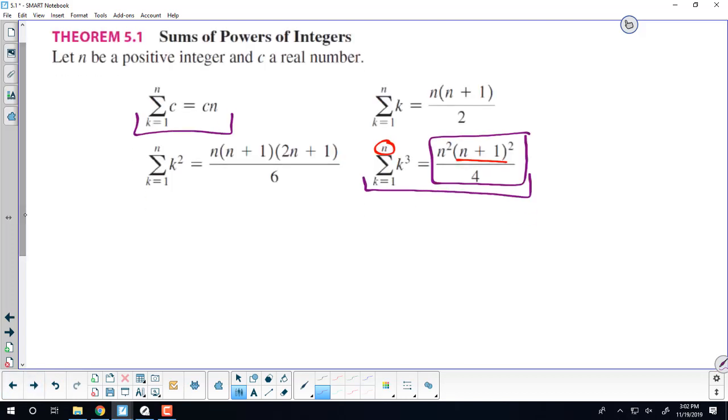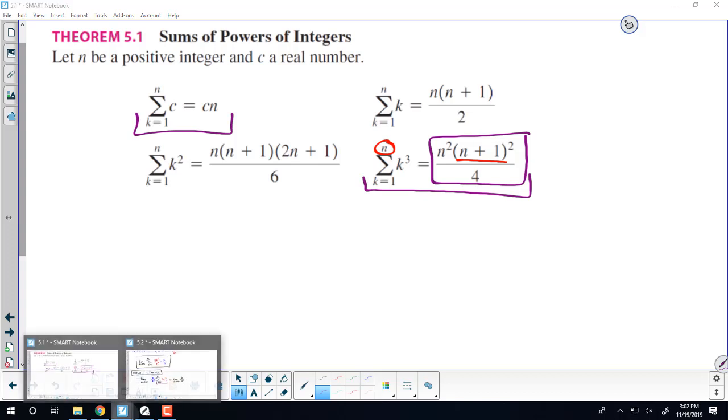For the squares, it's n times n plus 1 times 2n plus 1 all over 6.